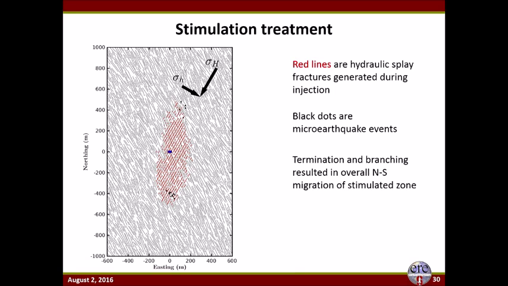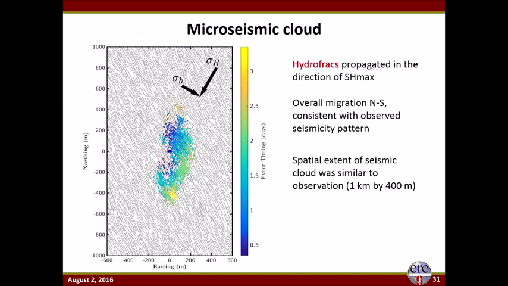But in this model, it was entirely necessary that they did so in order to control that overall migration pattern. And I just want to point out that overall our spatial extent of the seismic cloud was very similar to that which was actually observed in the field.